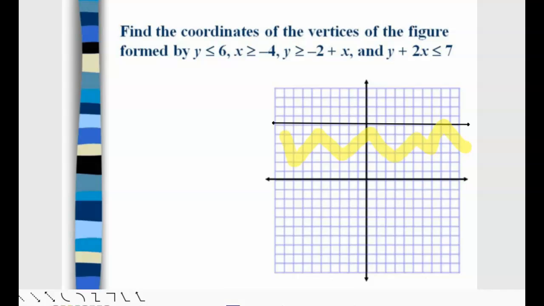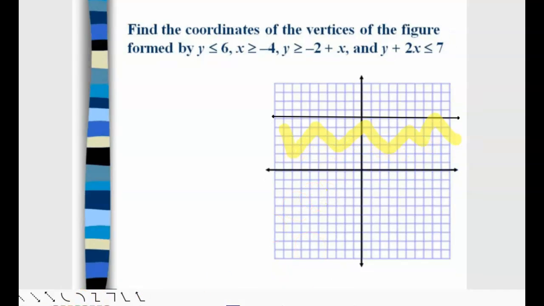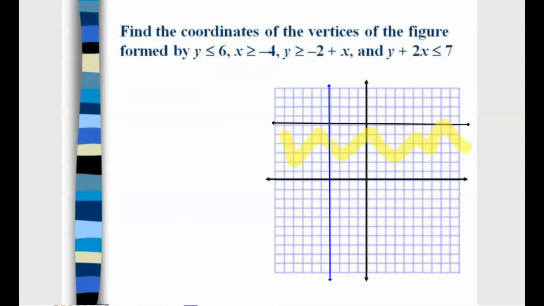We have a vertical line at -4. X's are greater than, so you shade to the right. So the overlap is this part right here. And then we have a line whose intercept is -2 and slope is 1.